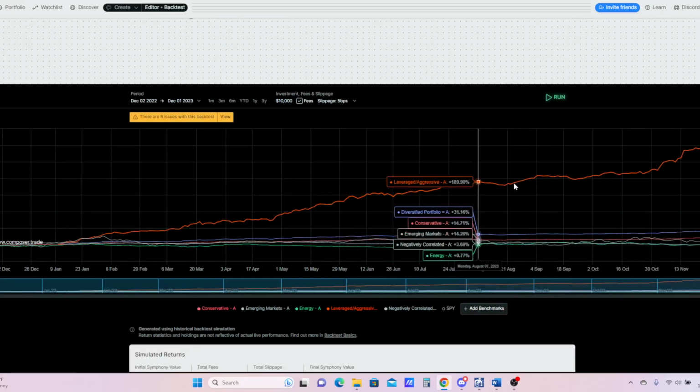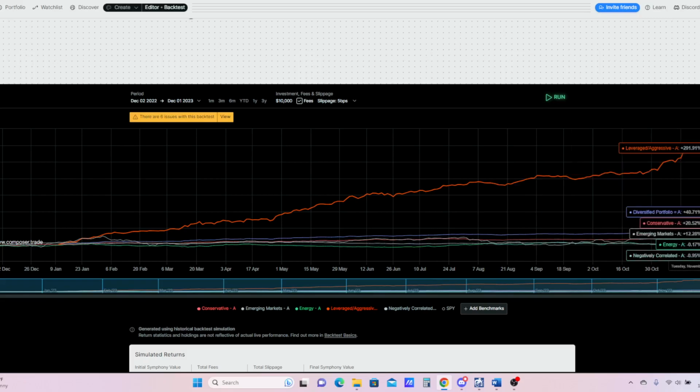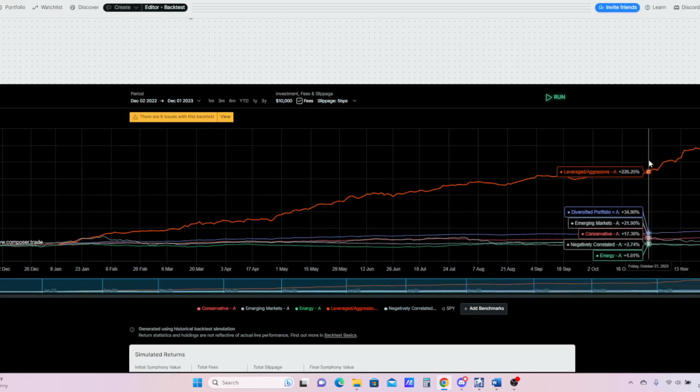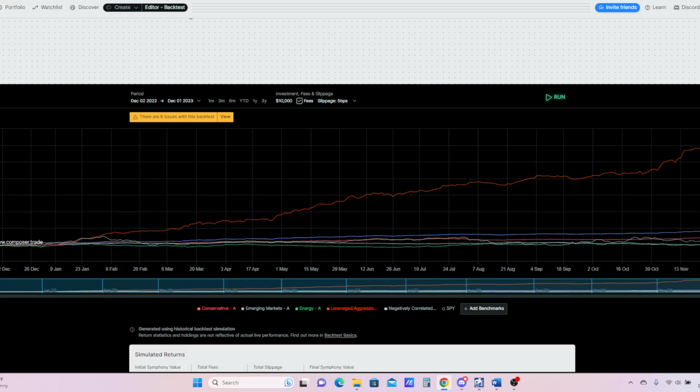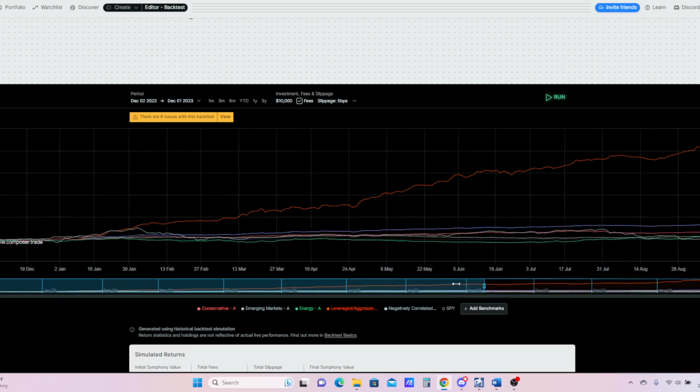So the leveraged aggressive obviously far outperforms, which it should, but it's also going to be the highest risk too. So overall, you can see the overall portfolio is the highest performer at 40%, and then all of the individual ones are below that, and that's what I would want to see.